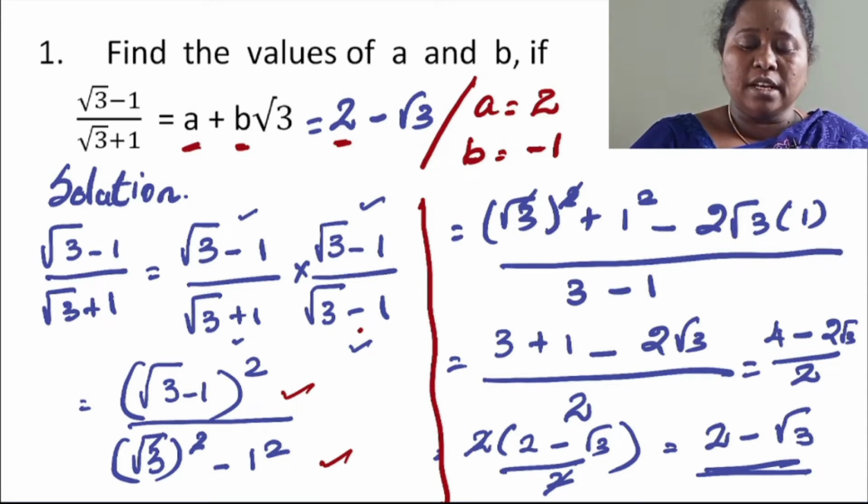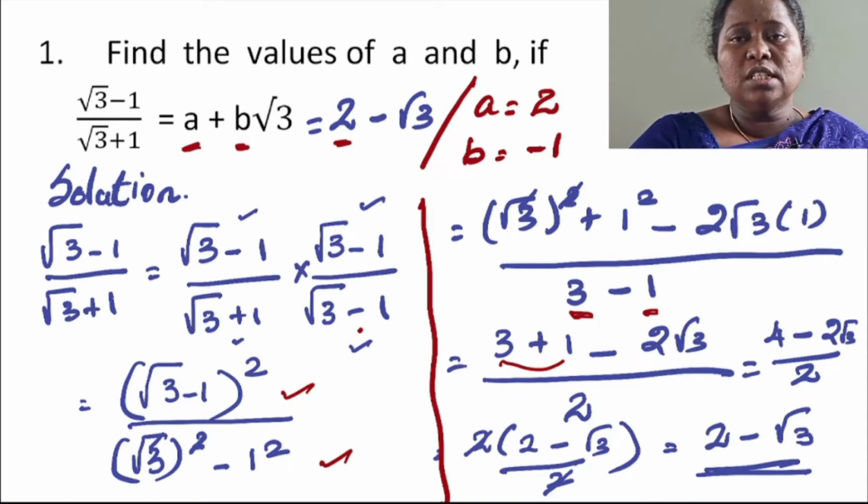So, root 3 squared and root will be getting cancelled. So, I will get 3 and 1 squared is 1. So, 3 minus 1 is equal to 2. In the numerator I have 3 plus 1 that is equal to 4 minus 2 root 3 divided by 2. In both the terms in the numerator, I have the common term 2.